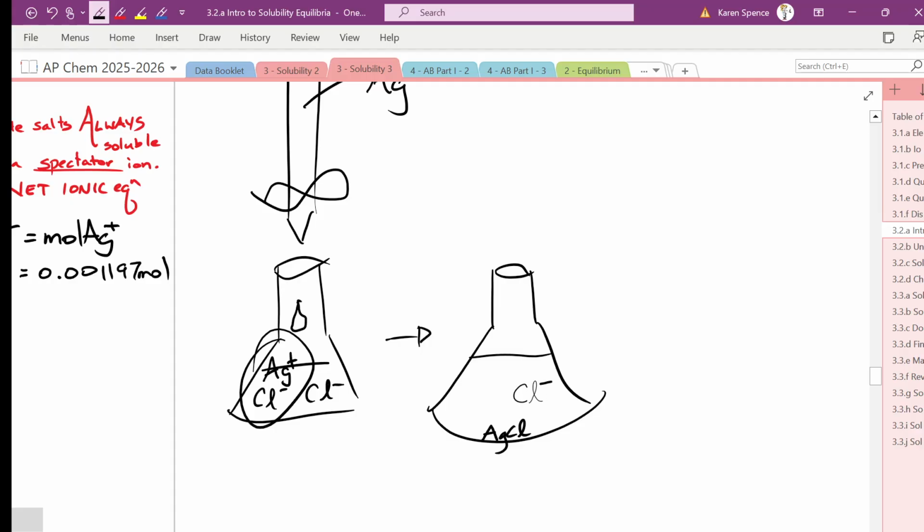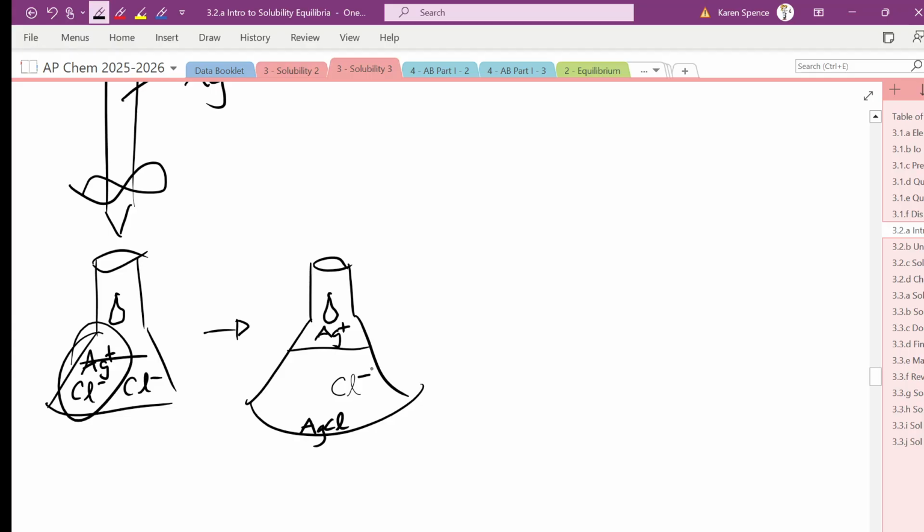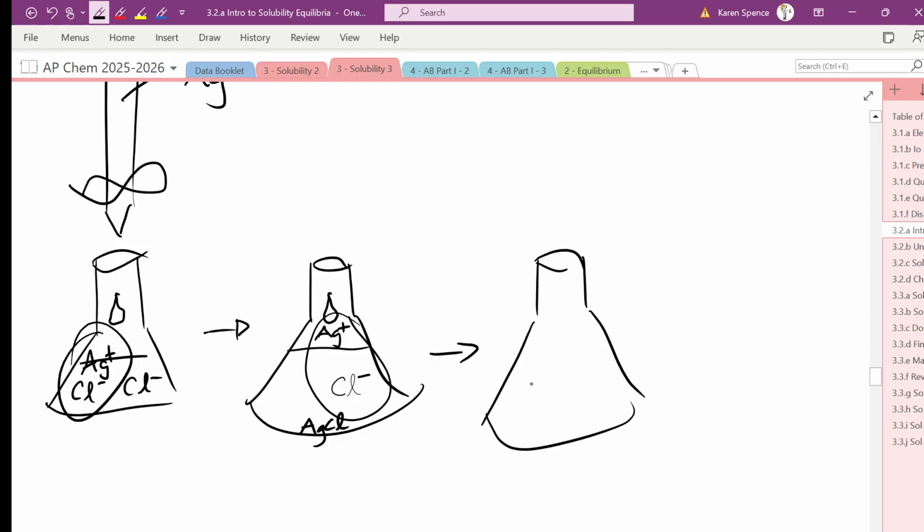We're really simplifying this. And then I add another drop of Ag+. Okay, and these two get together and form a precipitate, AgCl. So now we have a little pile of AgCl solid at the bottom, and we don't have any chloride ion left.